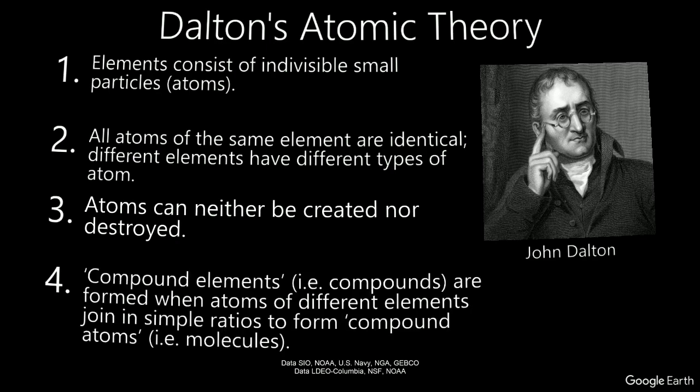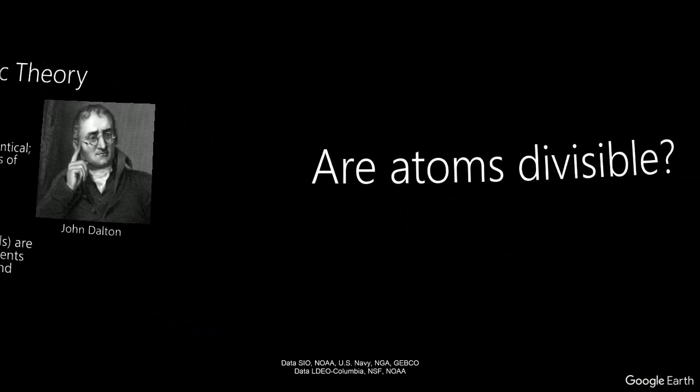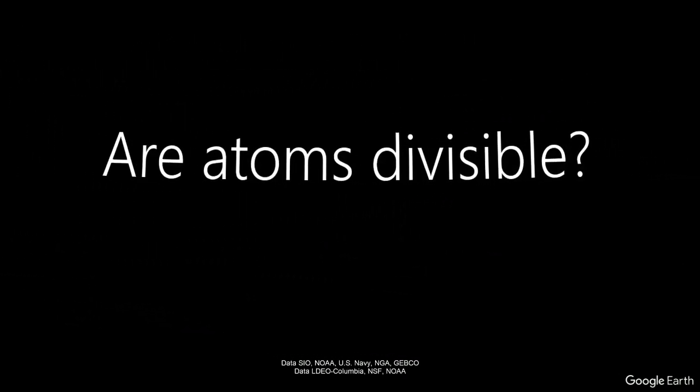And 4, that compound elements, or compounds, are formed when atoms of different elements join at simple ratios to form compound atoms, or molecules. This did lead to a question, however. Are atoms divisible?